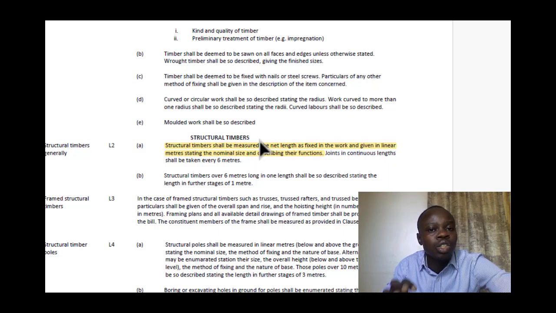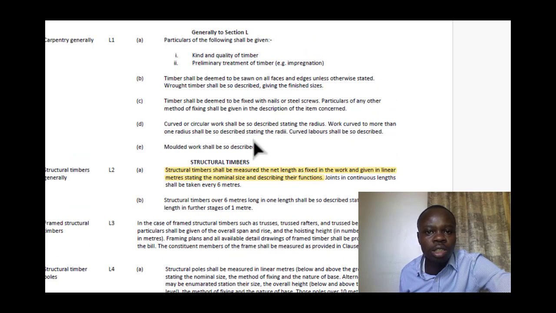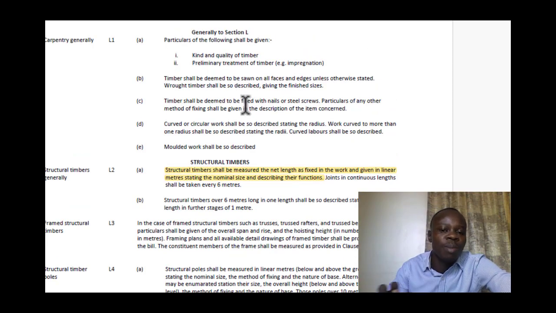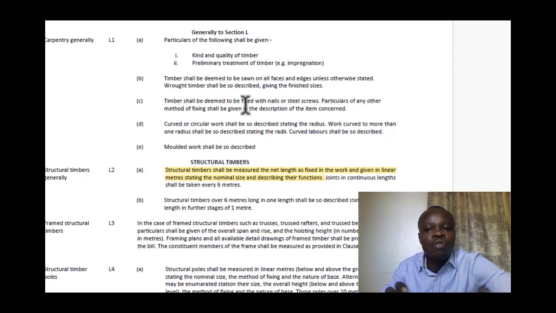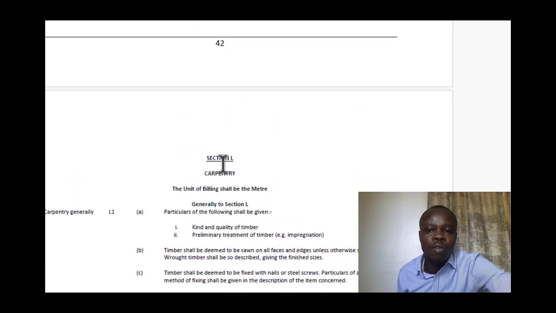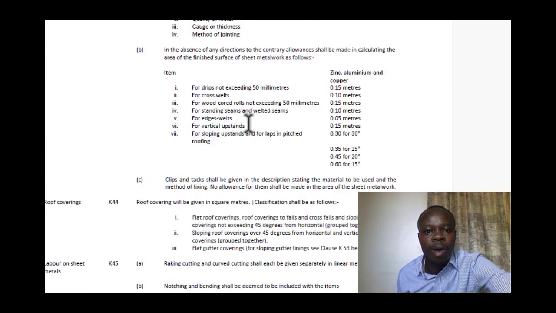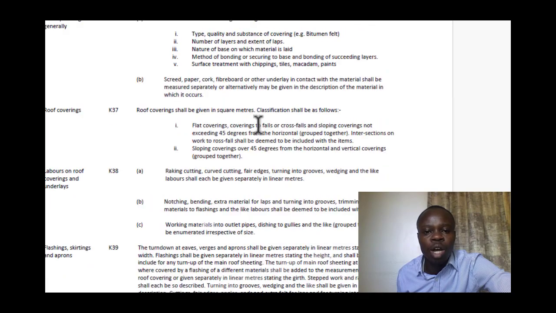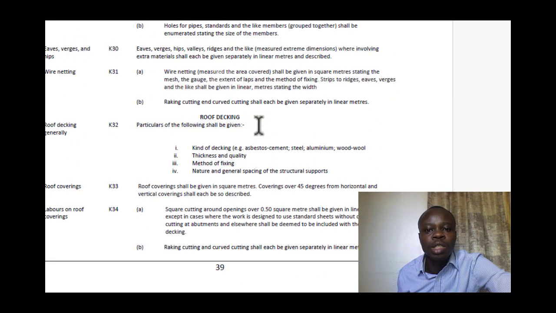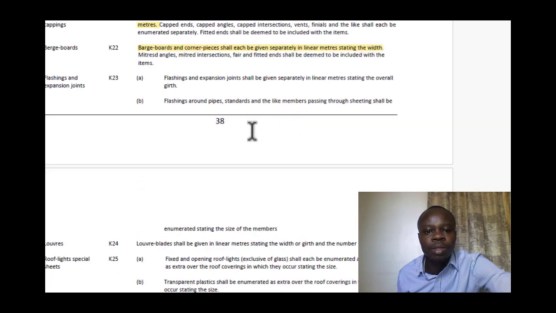Those are measured under section L of the standard methods. So we are still under timber, but there are parts of the roof that fall below the carpentry. So we go back to where we were and talk about the rest of the items.